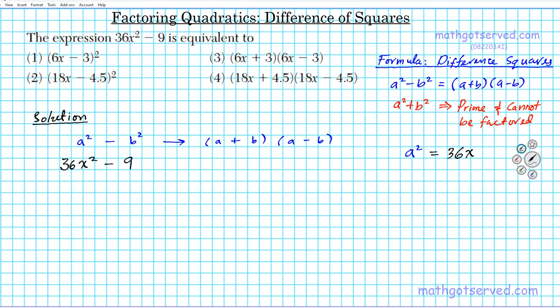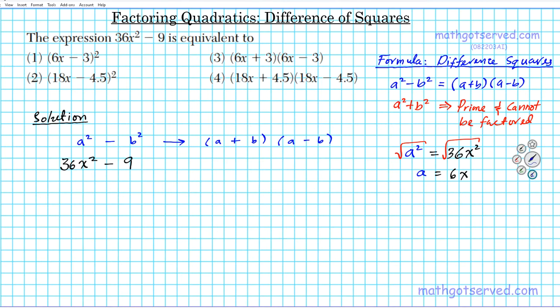We use the inverse of square, which is the square root, so we take the square root of both sides of the equation. A is equal to the square root of 36 times the square root of x squared. If you root 36, you get 6, and if you root x squared, you get x. So there goes a.